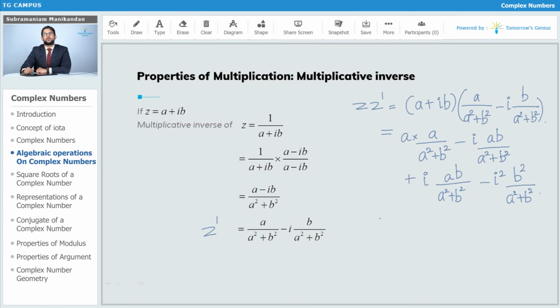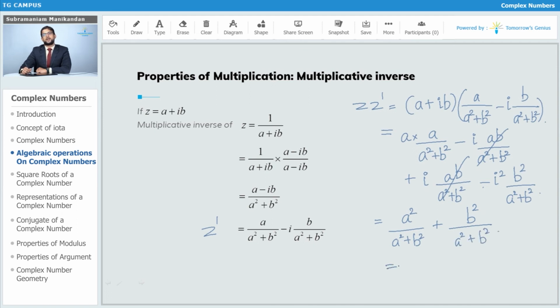So therefore we get a square by a square plus b square, I into ab by a square plus b square minus I into ab by a square plus b square. Both of these will get cancelled. I square is minus 1, so minus of minus 1 is plus 1, plus b square divided by a square plus b square.